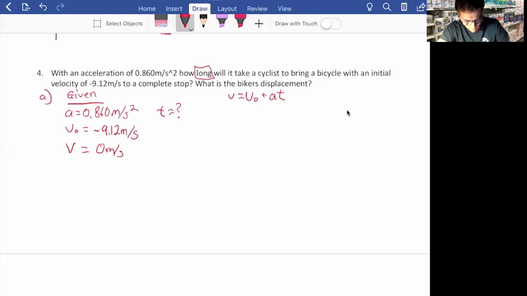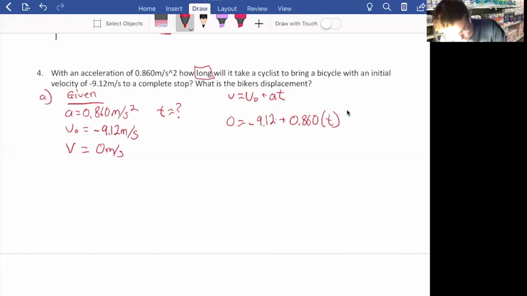So we got final velocity is 0 equals initial velocity of negative 9.12. I'm just going to leave the units out for simplicity, plus acceleration, 0.860, times the time. Okay, cool.